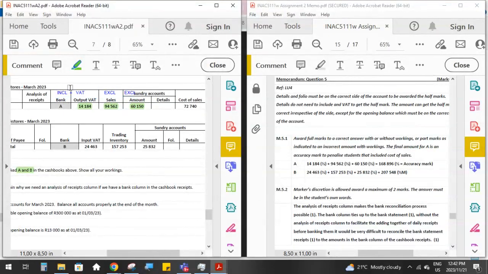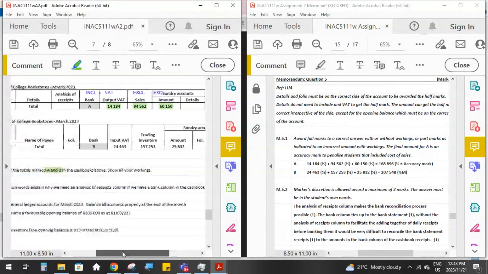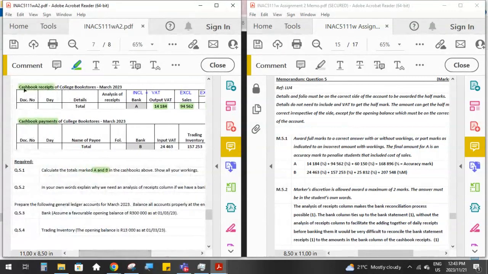Okay, main column equals the columns on the right-hand side, but only those columns where I entered the sales rand value of whatever sale I made in cash book receipts.